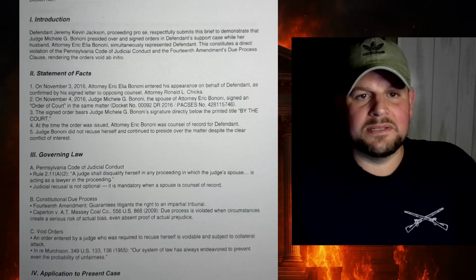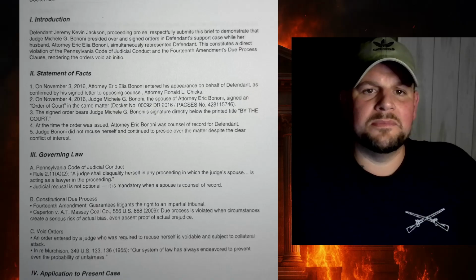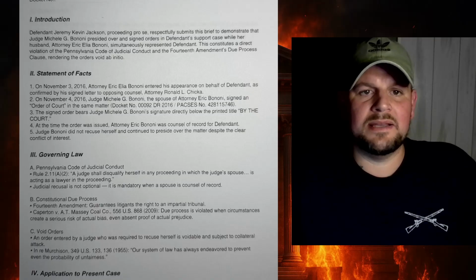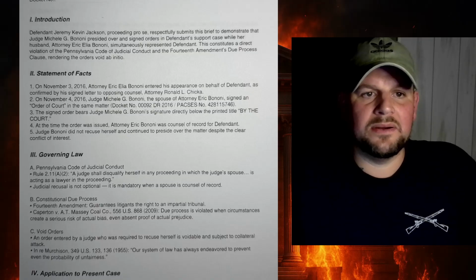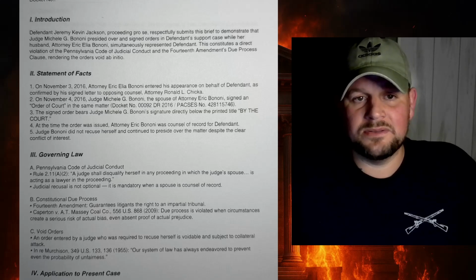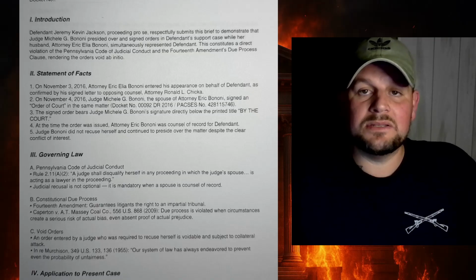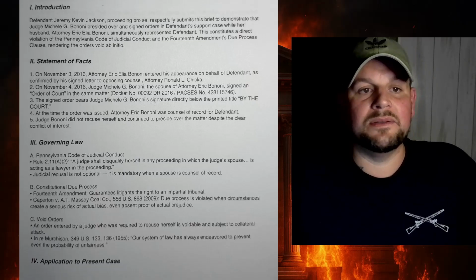Defendant Jeremy Jackson, proceeding pro se, means I represent myself. I don't want a lawyer. Submits this brief to demonstrate that Judge Michelle G. Benoni presided over and signed orders in defendant's child support case while her husband, attorney Eric Benoni, simultaneously represented me. This constitutes a direct violation of Pennsylvania's Code of Judicial Conduct and the 14th Amendment's Due Process Clause, rendering the orders void ab initio. Ab initio means from the beginning, just so everybody knows when you see that.